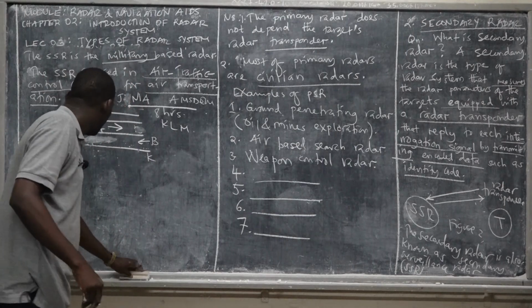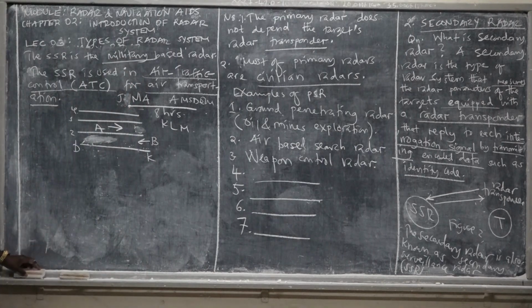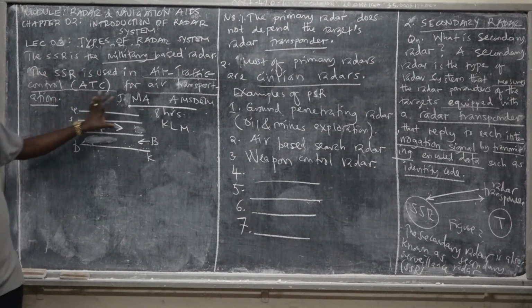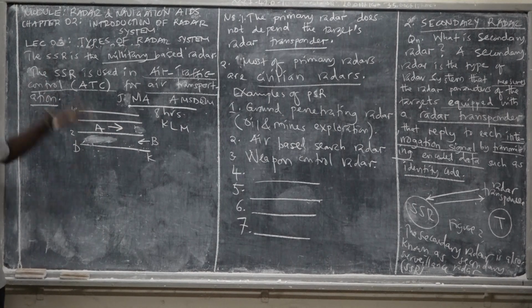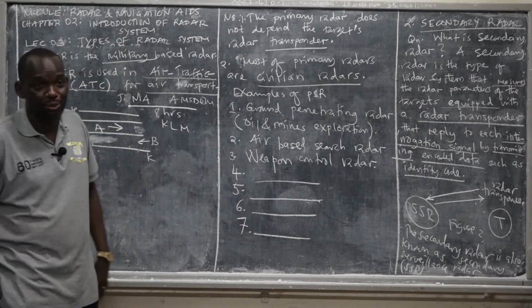So this is a very important point that you have to know. That's why we say that this is a good radar for air traffic control. Are we together? The secondary surveillance radar is a good radar for air traffic control. It means that most of the aircraft have a radar transponder.